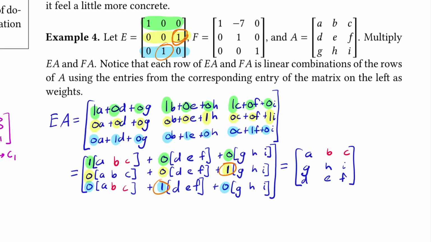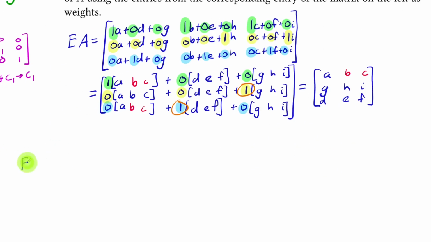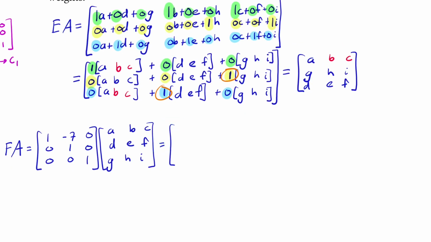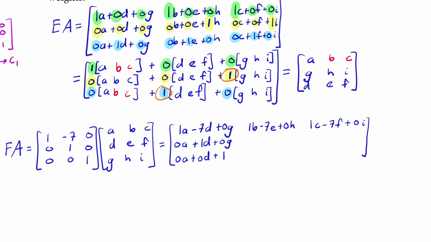All right, let's just check the same thing happens with F. First, just using the regular row column rule. So yeah, that's what I get using the row column rule.